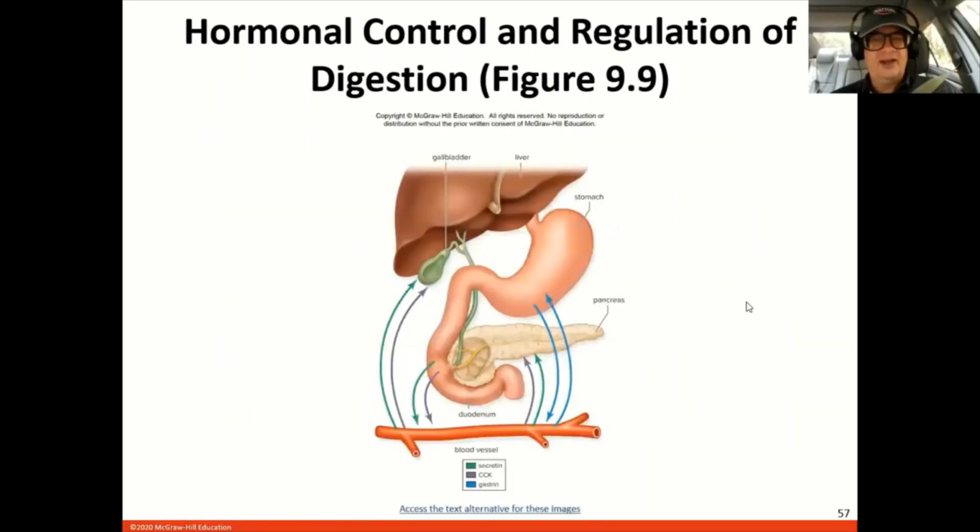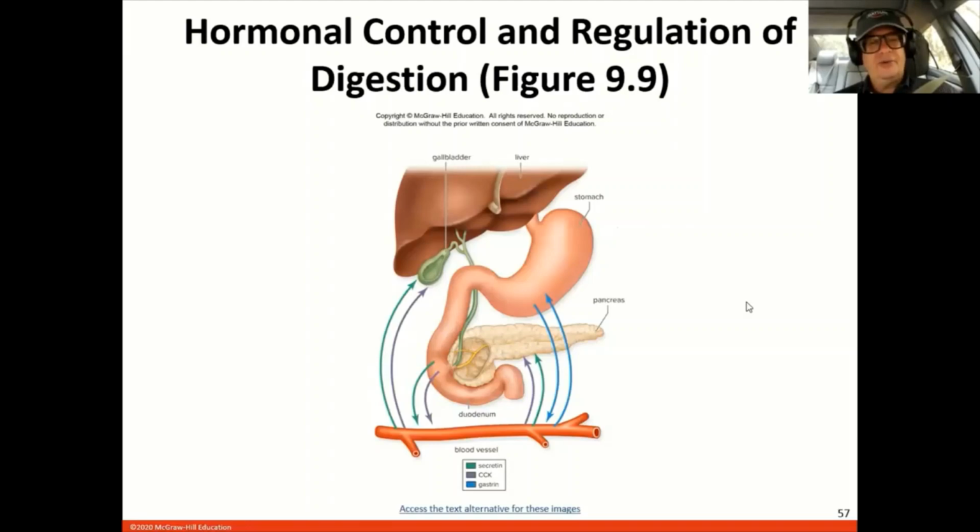So here we have a drawing and regulation. Yeah, they should have an eyeball in this. Anyway, what we're seeing in this picture, the capillary represents your blood, or the artery there represents your blood.